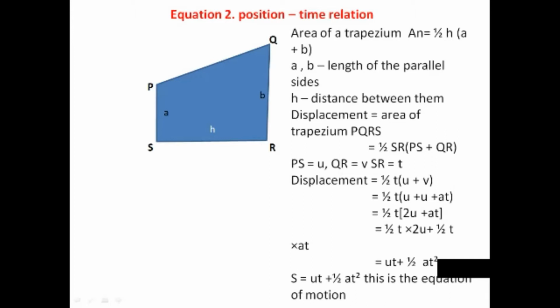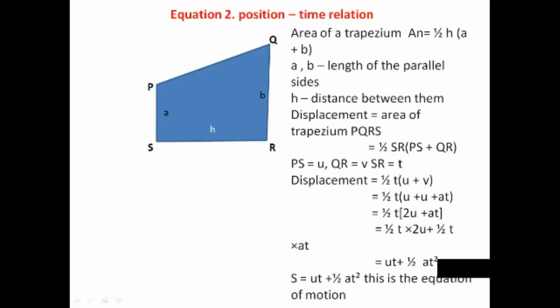This trapezium comes from the velocity-time graph we discussed in the previous class, and it is used to derive the second equation of motion.